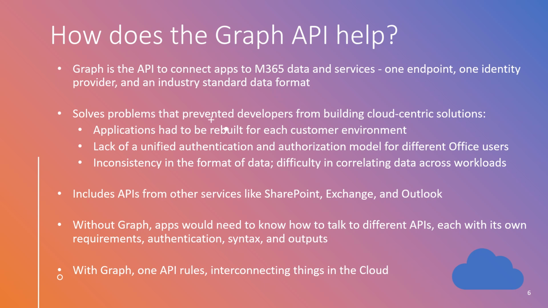Graph was created to solve fundamental problems that developers faced. Applications had to be rebuilt for each customer environment. Previous API endpoints only worked for one specific user or tenant and resulted in applications that had a complicated user interface or awkward configuration steps just to get it running.